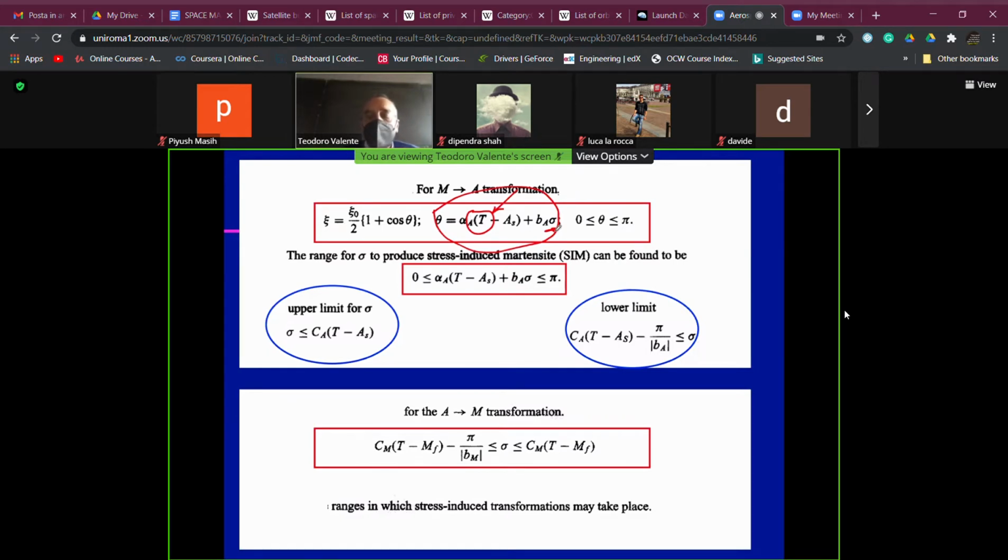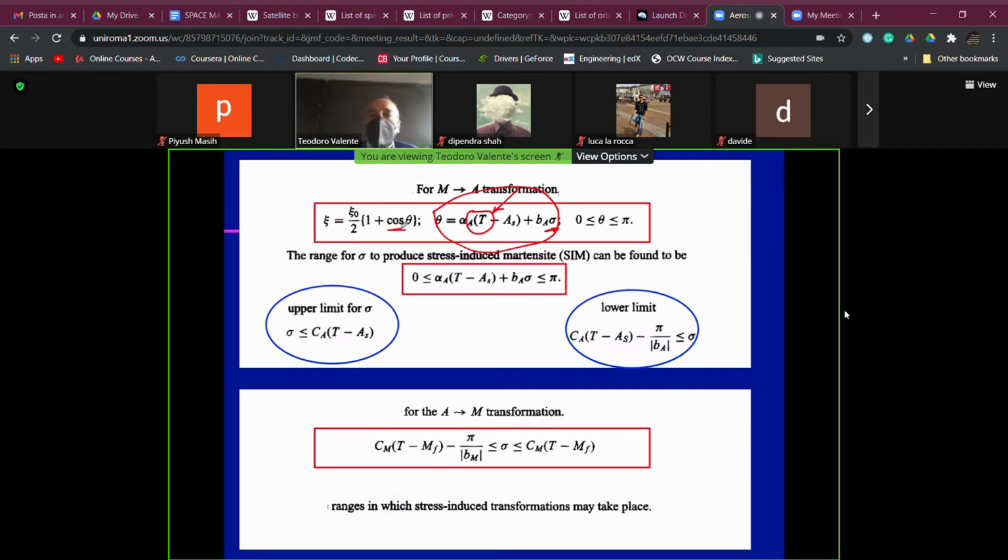And we can make the same approach that we have used for purely thermally induced shape memory behavior. That is, this value of the angle theta, which is the argument of the cosine function, can vary between the two extremes, 0 and pi.